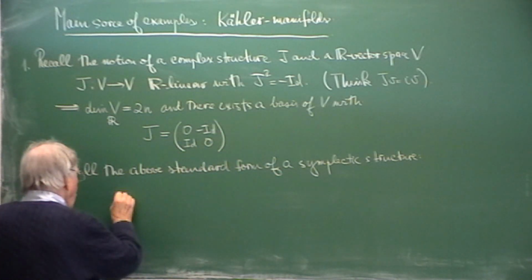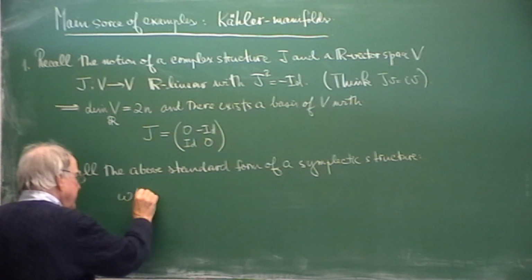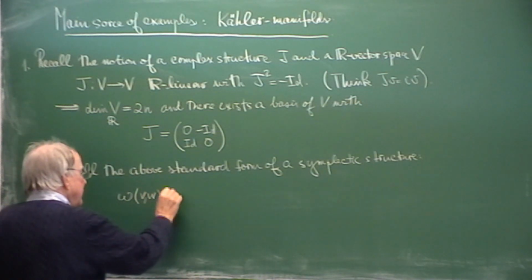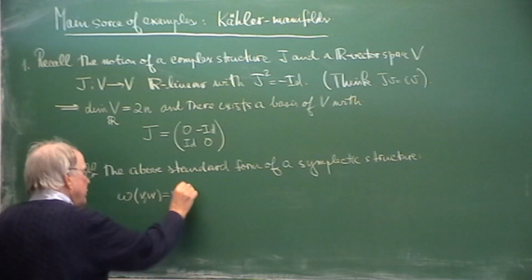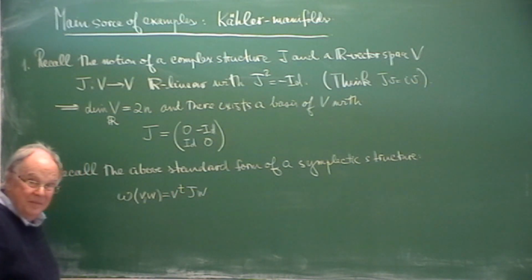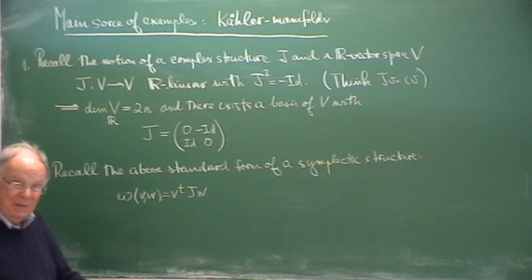Namely, omega of V, W in a good basis is V transpose J W. That's really dQ dP.